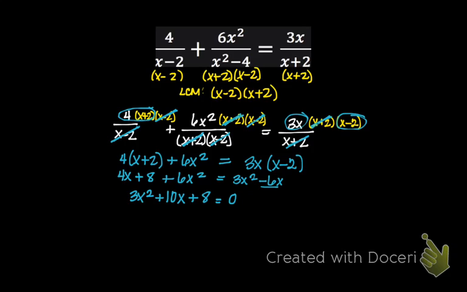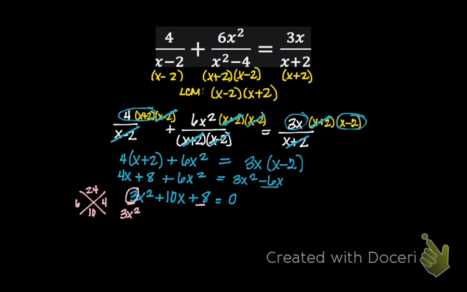Now, we want to try first and see if this can factor. There is no greatest common factor, but we want to check, does anything multiply to 24? That's because of 3 times 8, and add to positive 10, and it does. We can get 6 and 4. Now, because this is a 3x squared, that means we have to do grouping here. We can't just write our factors.